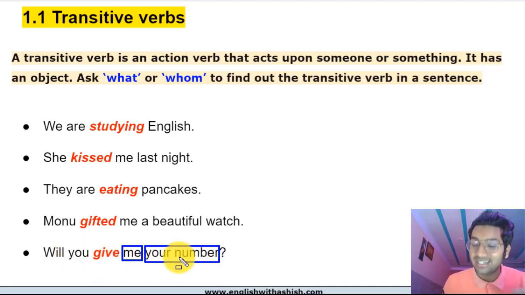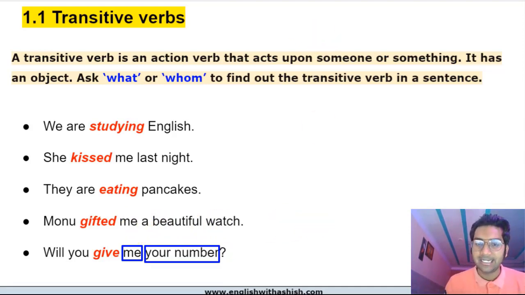That is the direct object. It's a thing. The direct object is going to be a thing when it has an indirect object also, right? Will you give whom? Me. So the number goes to me. I am receiving the number, right? Monu gifted what? A beautiful watch. Who is receiving it? It's me. So the indirect object receives the direct object.